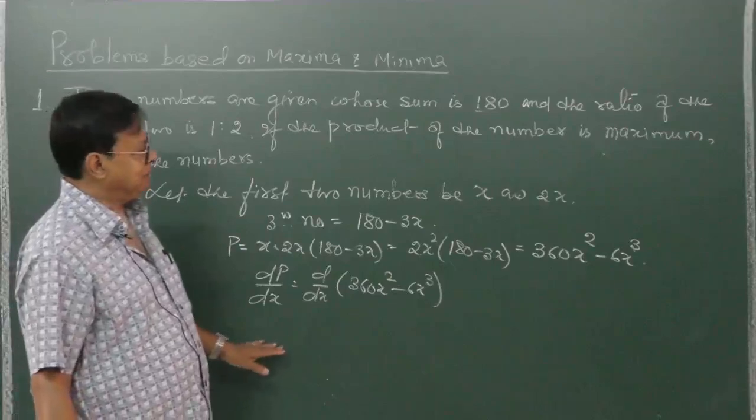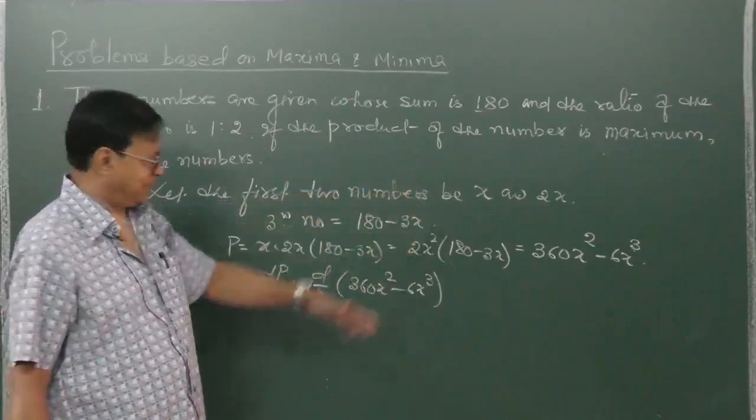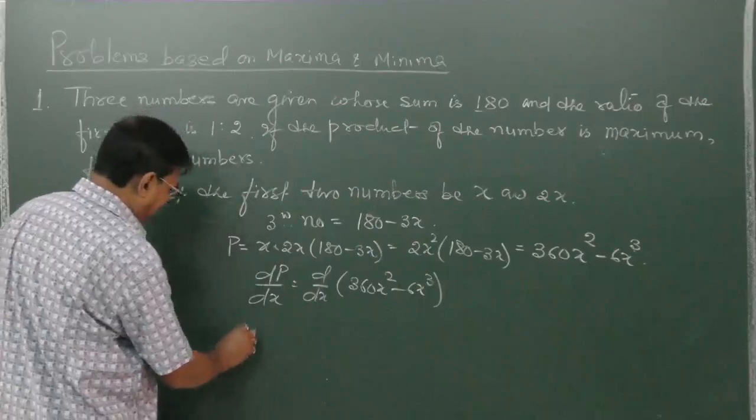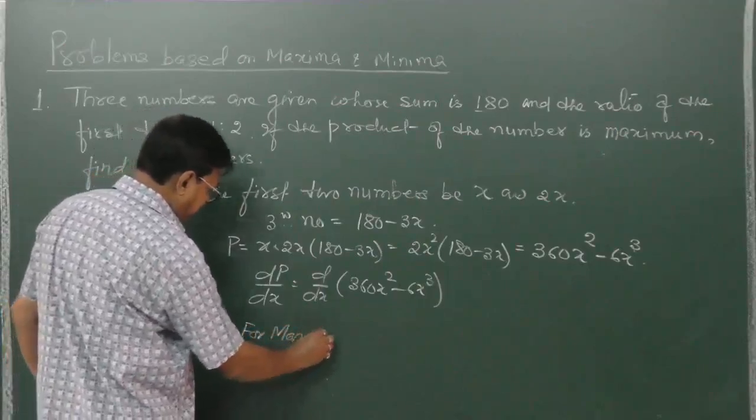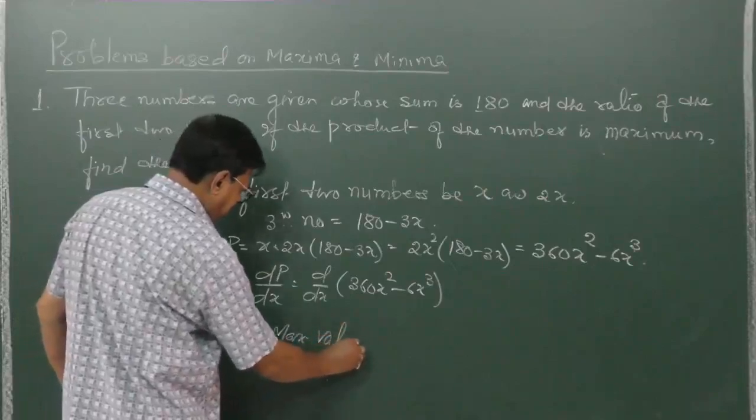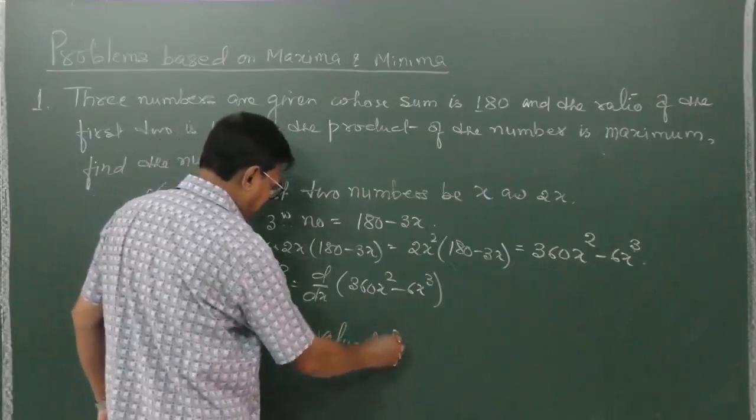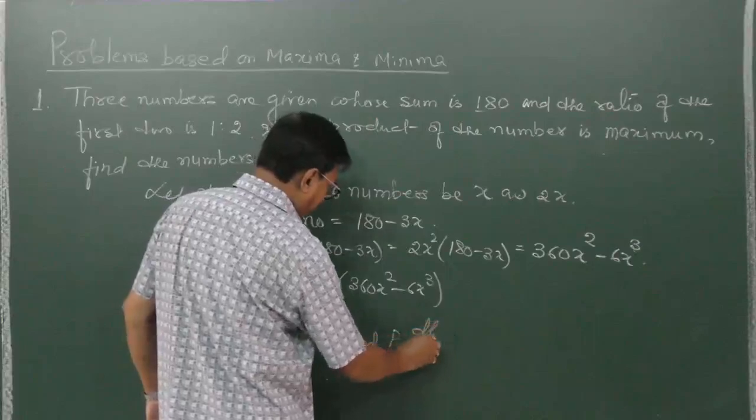Then I said we write for maximum or minimum value dp by dx equal to 0. But here in the question it says directly that it is maximum, right? So for maximum value of p, dp by dx is 0.